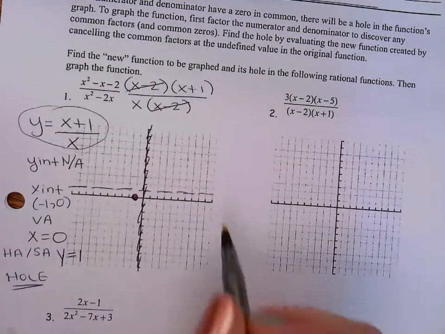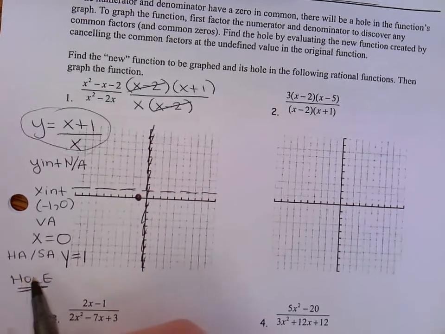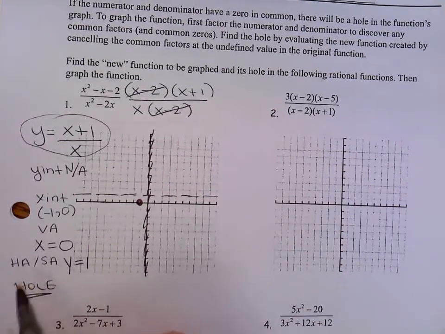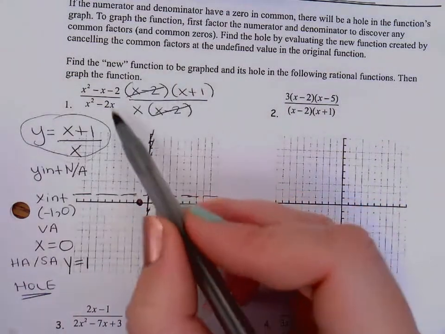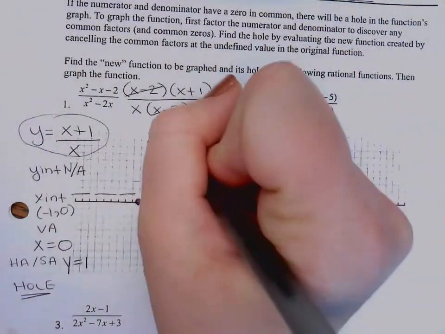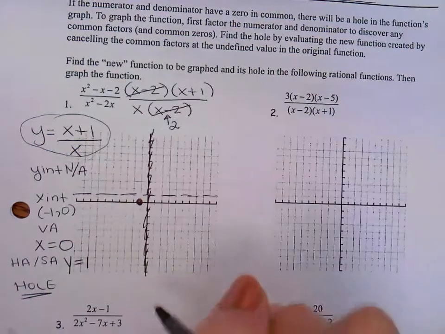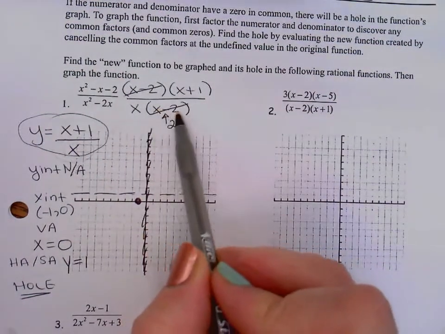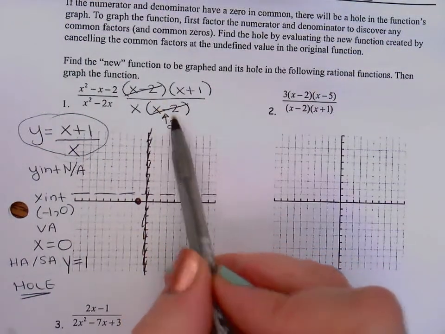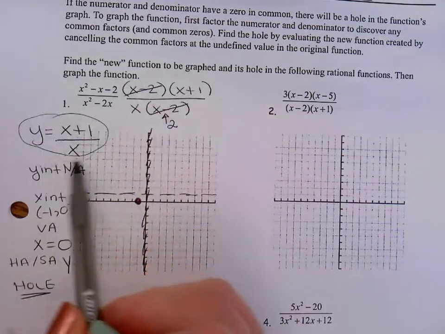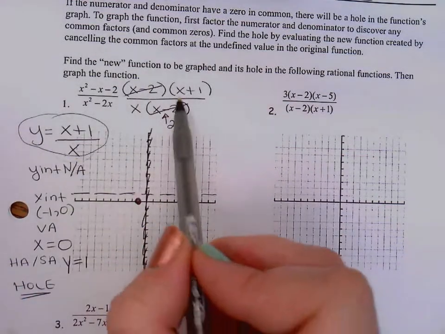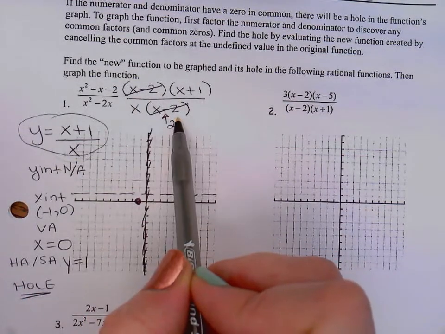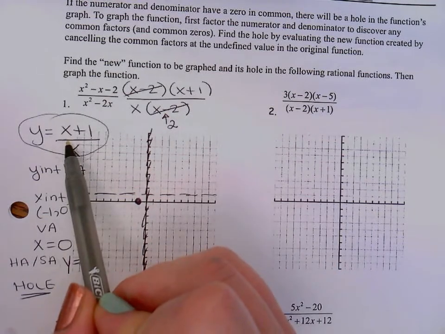Now I'm going to figure out my hole in the graph. The hole in the graph occurs where the original function was undefined, which would be at x equals 2. Can you see how that would be 2 minus 2 in the denominator? We canceled it out, so we don't see that happening over here. But because the original function was undefined, the new function will also be undefined at that point.